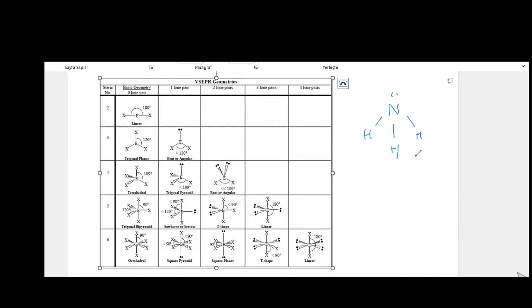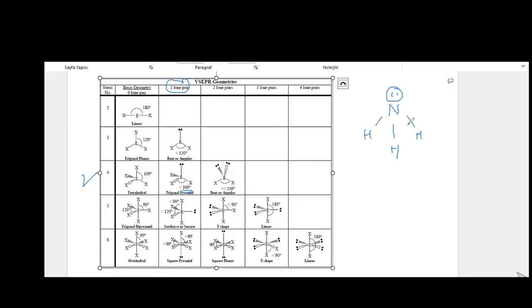If you look at the molecule, it has a trigonal pyramidal shape. It has a lone electron pair on it, and that's why, as you can easily realize, the bond angle between the hydrogen atoms is less than 109 degrees.